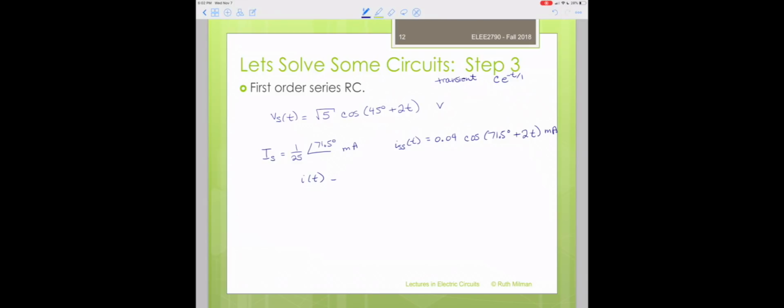Plug that in, put it together, and we have the constant for current times e to the minus t over tau, or e to the minus t over lambda, which is 1, plus 0.04 times the cosine of 71.5 plus 2t in milliamps.